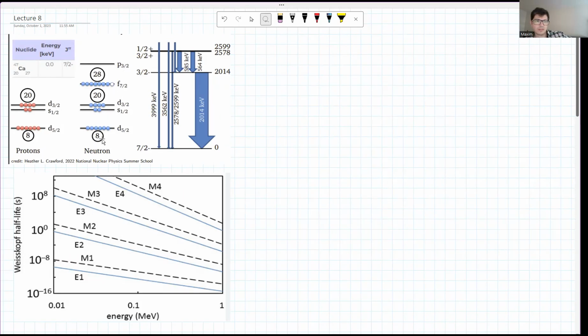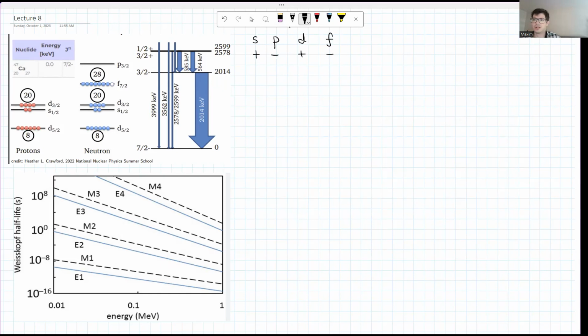So this is the ground state. You see there's one unhappy neutron in the f7/2 state. That's right here. You remember the parities correspond to the various orbital angular momentum letters. So we had s, p, d, f, and I can never remember the parities, so I just like to write them down so I can remember what's going on.